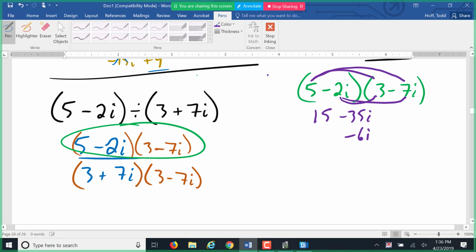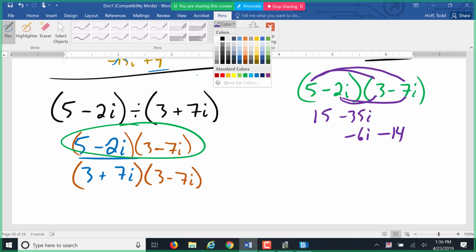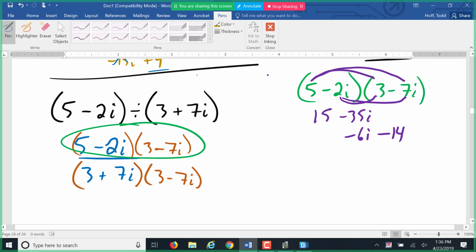Negative 2i times negative 7i is a negative 14. So 15 and negative 14 make 1. Negative 35i and negative 6i makes negative 41i. So our numerator is 1 minus 41i.